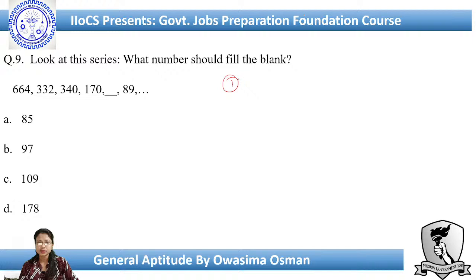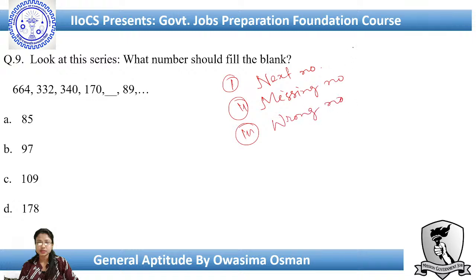Again I am telling you: first, they can ask you to find the next number, or they can ask you to find the missing number, or they can ask you to find the wrong number in the series. These are the 3 types of patterns in the series problem.